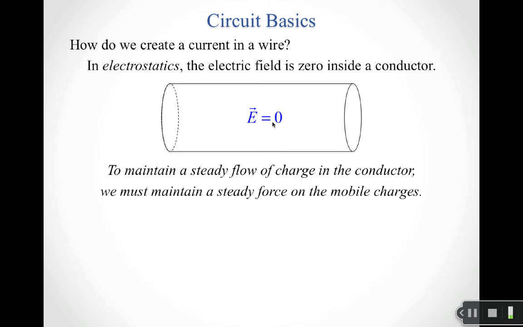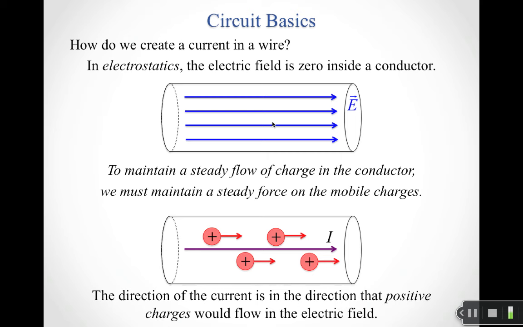In order to do that, we have to maintain a steady force acting on them. So something has to push those charges around. And the most obvious way to push those charges around, and not the only one, is to create an electric field. So one way we'll start is to say that the charges are arranging themselves on the surface in such a way that it creates an electric field inside the conductor. That's what's going to push charges around.